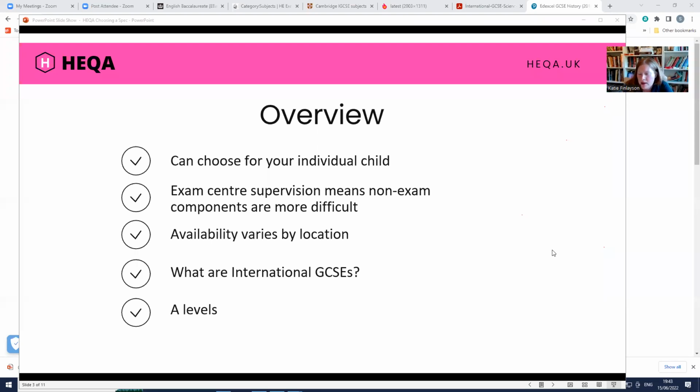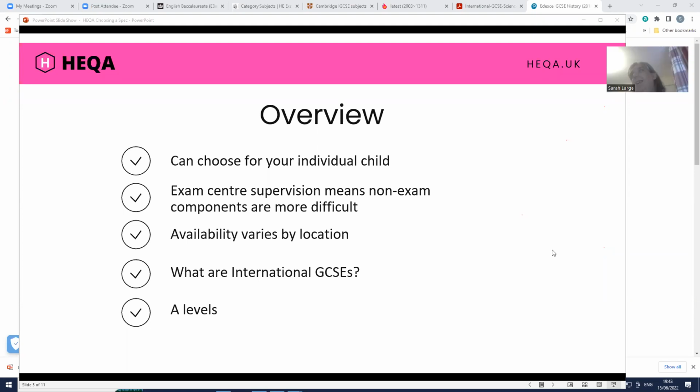Is there anyone who's along tonight who is particularly interested in A levels? If so, pop in the chat and we'll try and talk a bit more about it as we go through. That's probably something we'll look at doing an individual webinar on at some point. I'll just add that Cambridge International A levels are quite established in the UK, yes, for access to university.